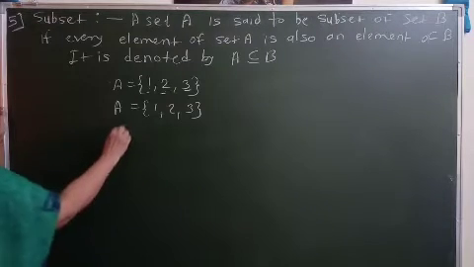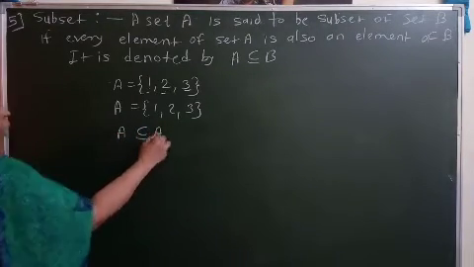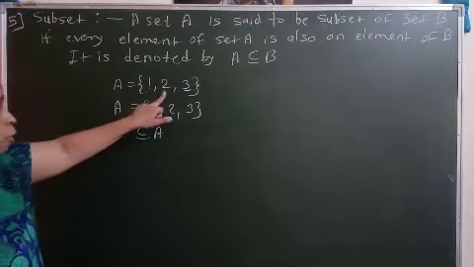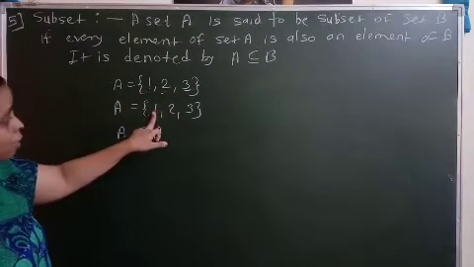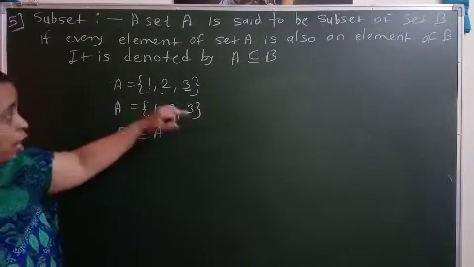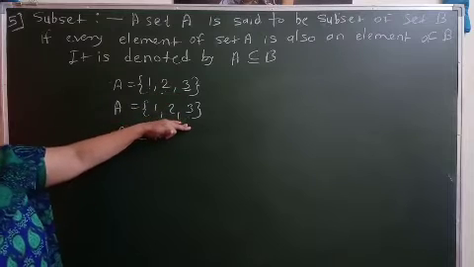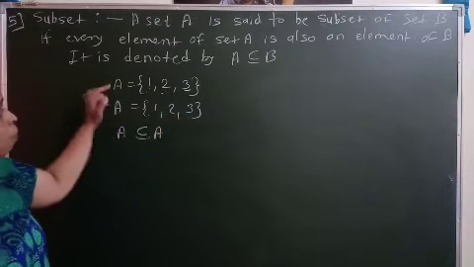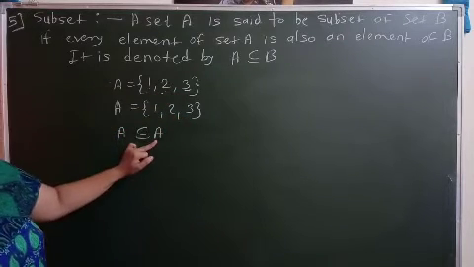So A is subset of A. Every element of set A is also element of set A. या वरच्या A मधले प्रत्येक एलिमेंट हे खालच्या A मध्ये आहे. त्यामुळे वरचा A हा खालच्या A चा सबसेट आहे.